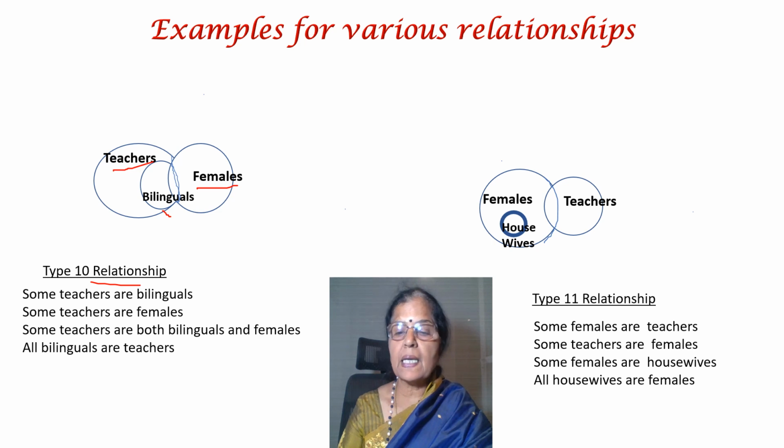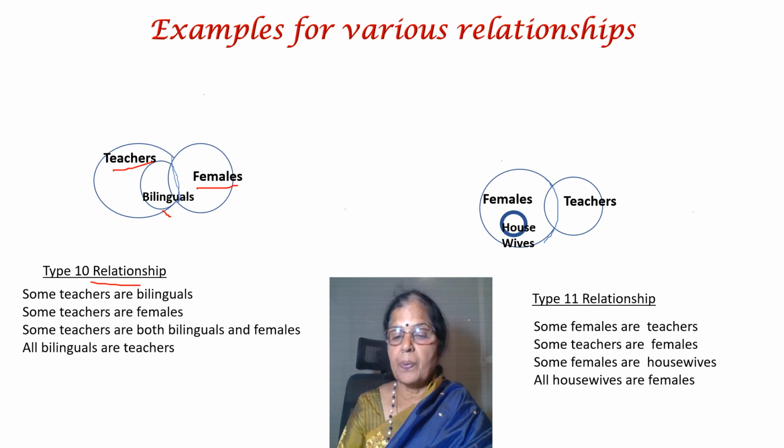All three circles are overlapping, meaning that some of the teachers are bilinguals and some of the teachers are female, and all bilinguals are teachers because the full circle is contained inside teachers, and some of the females are bilinguals and some of the bilinguals are females. So all combination is possible in this type of relationship.